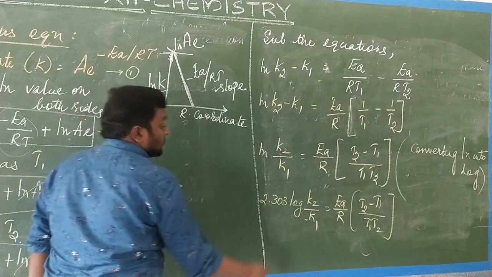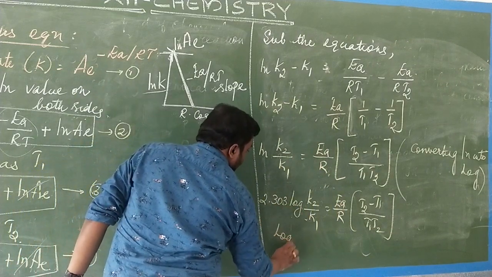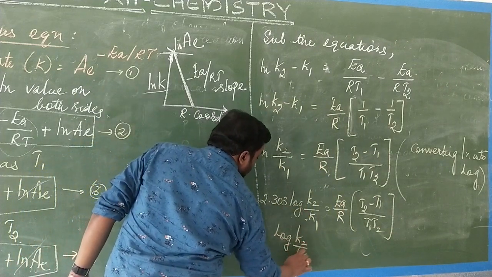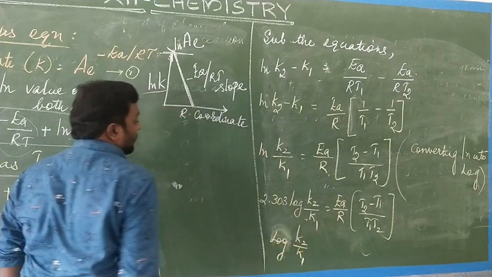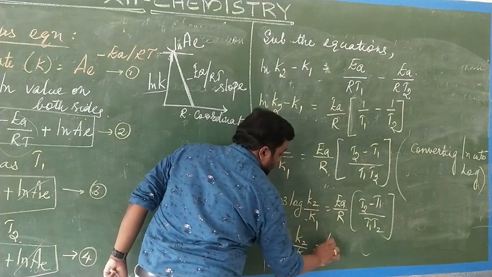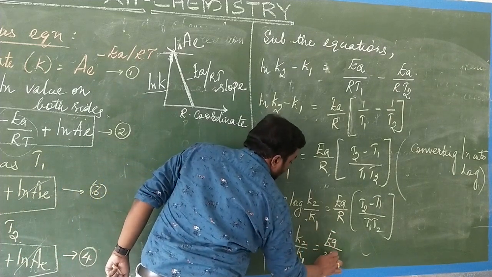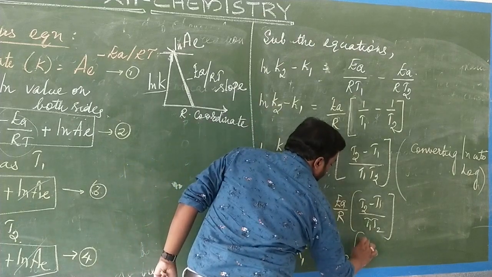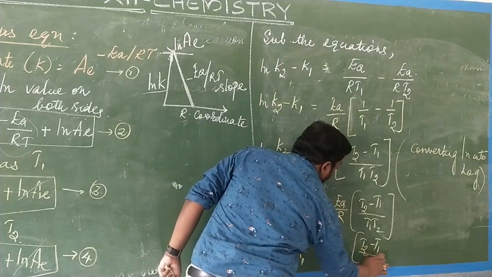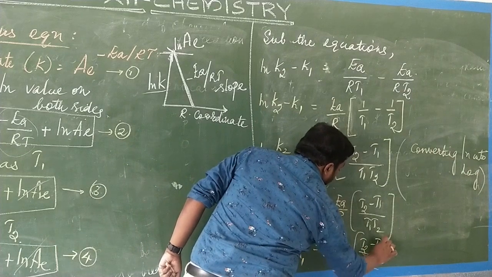Next step, what will happen? I have to find out only the log of K2 divided by K1. Log of K2 divided by K1 will be equal to EA divided by 2.303 into R into T2 minus T1 the whole divided by T1 into T2.